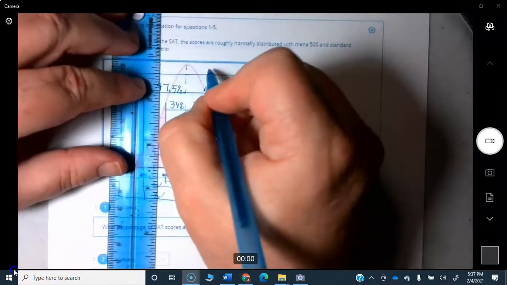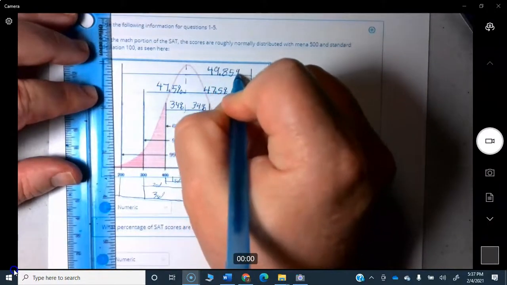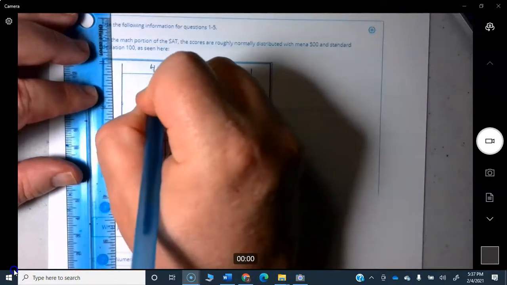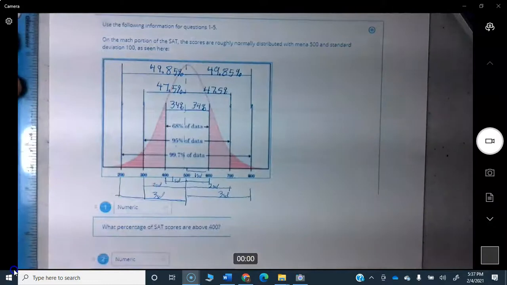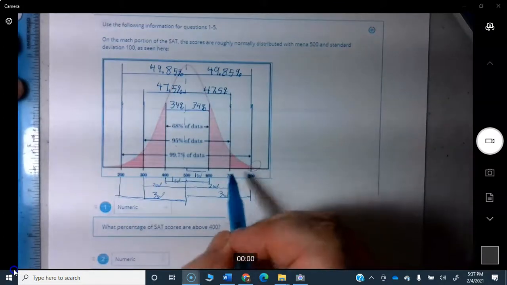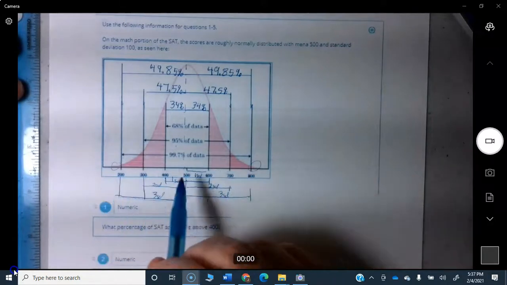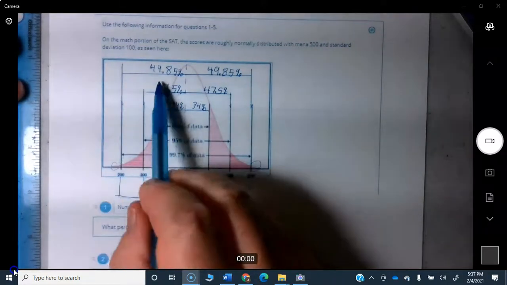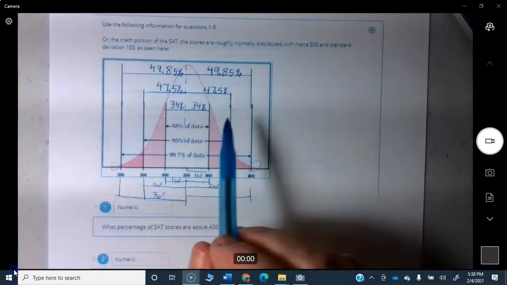So half of that would be 49.85% on this side and 49.85% on that side. And then outside is a very small amount. A lot of times we just say that three standard deviations is 100% of the data. Well, that would make this 50% on each side. It's just a little bit less than that.